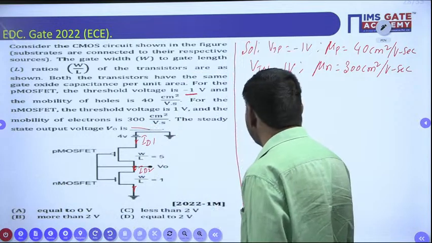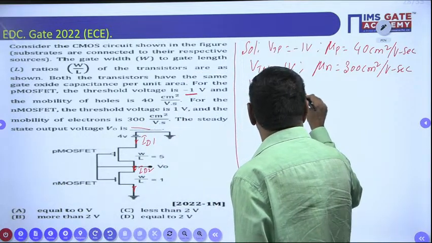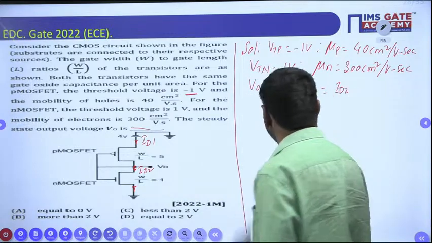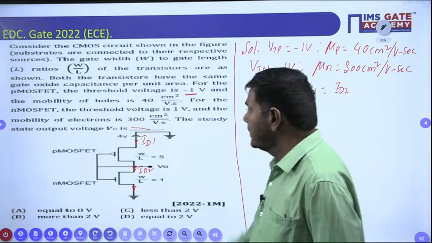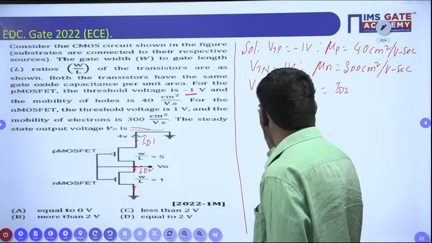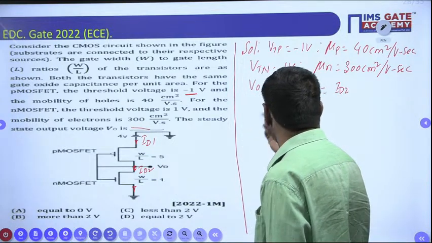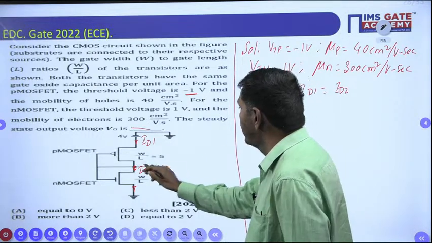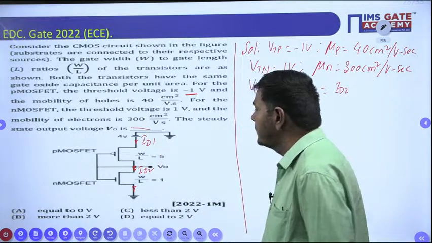I can say here ID1 equal to ID2 is possible. When they are in saturation, we know that very well, what formula can we use for the drain current? They will apply W by L, given as 5. W by L means aspect ratio.